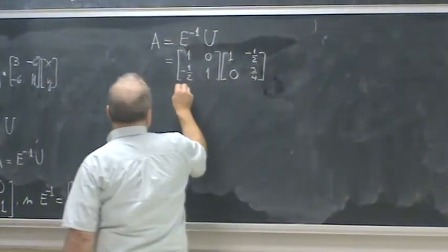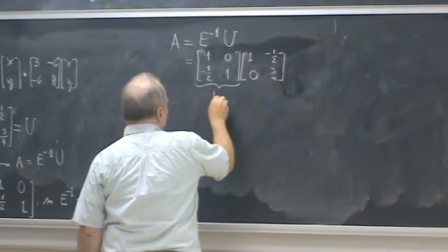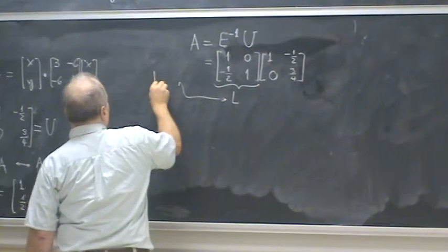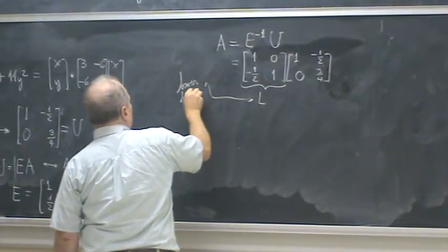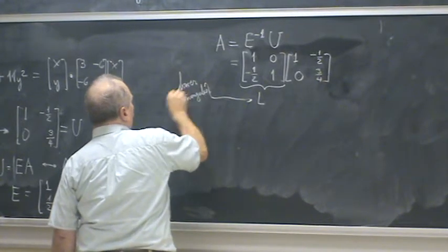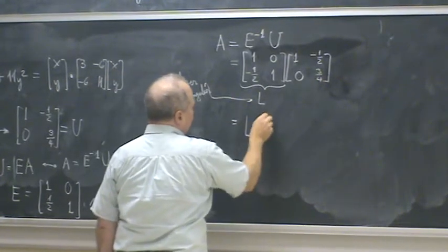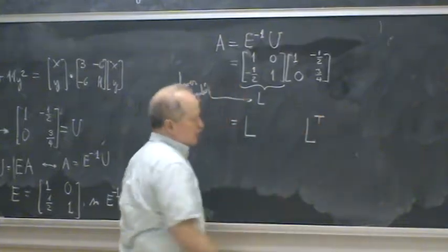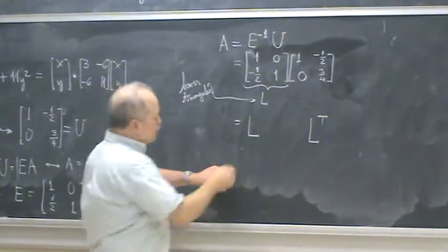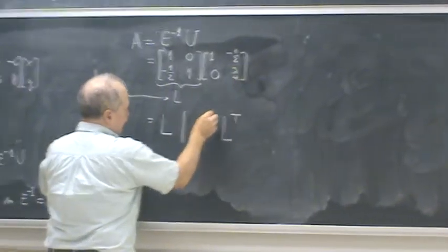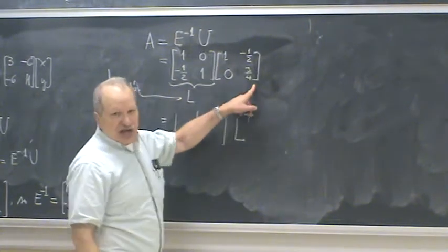So suppose I want to call this L for lower triangular, and I want to write this as L and an L transpose on the other side. I'm going to need some matrix in the middle that will allow me to fudge that 3/4.